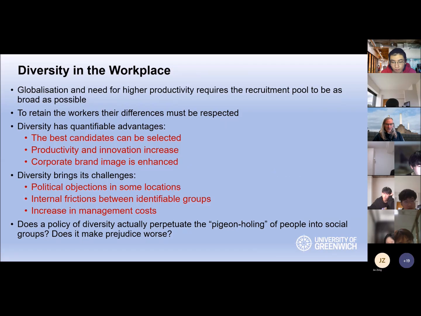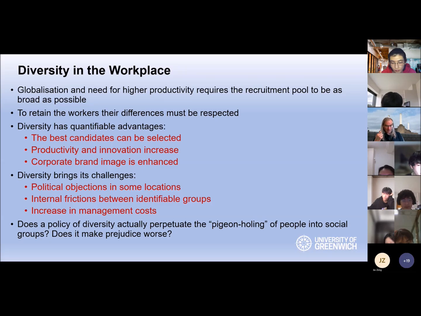And this is all part of what I've been talking about, diversity in the workplace. So we're all looking for greater productivity. China, of course, with its rapidly aging society, is going to look for a big boost in productivity. We're looking for the same thing here because we've reduced our immigration.